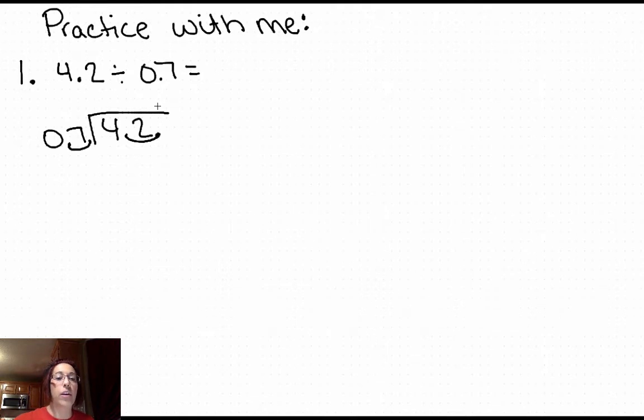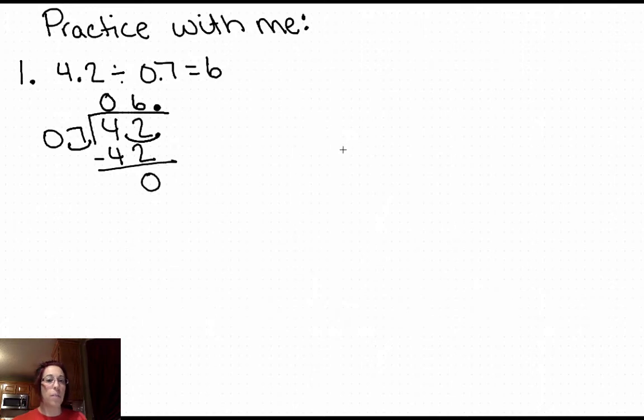Our decimal point goes straight up to the top, and now we divide like normal. 7 cannot go into 4. 7 can go into 42 6 times. 6 times 7 is 42. We subtract and get 0, so we are done. Our answer is the whole number 6.